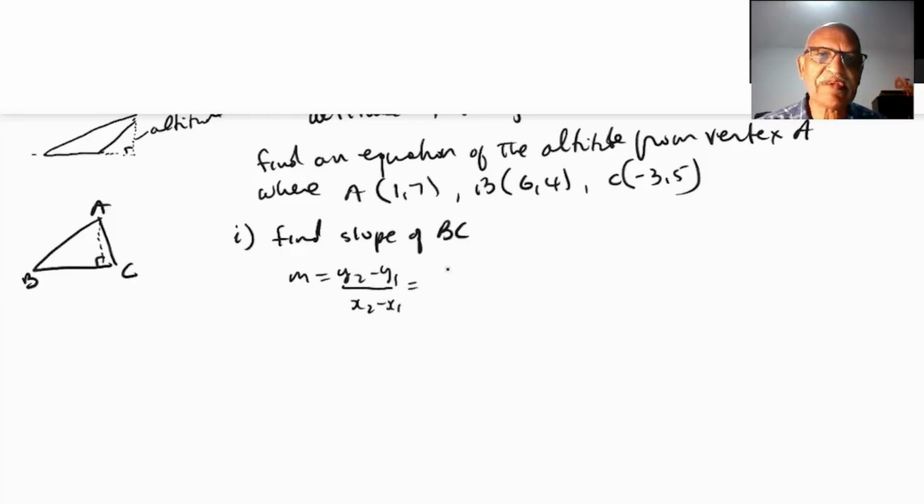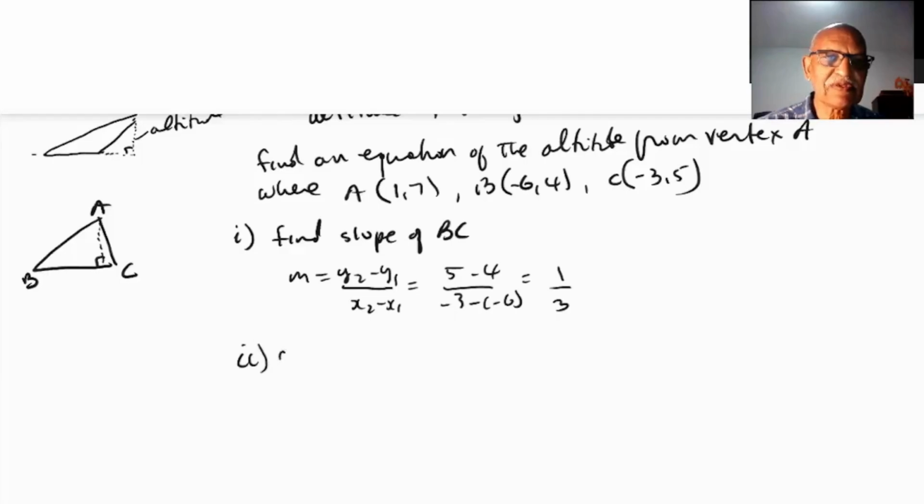BC would be 5 take away 4 over -3 take away 6, which is -1/9. Therefore, the slope of BC is -1/9.